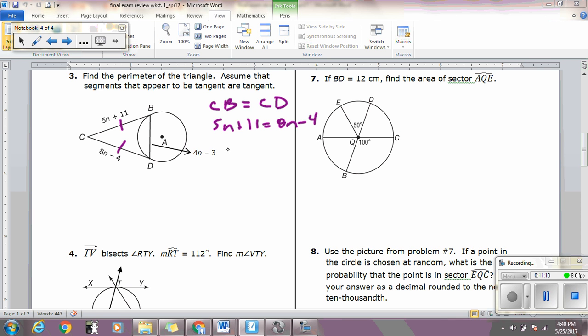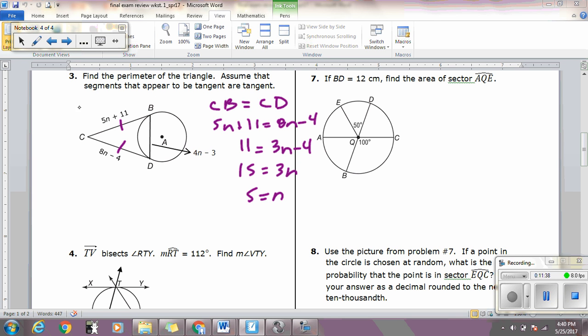Now I can solve for n using my algebra skills. The first thing I would do is subtract 5n from both sides, leaving me with 11 equals 3n minus 4. The next thing I would do is add 4 to each side, which would give me 15 is equal to 3n. Then divide both sides by 3, which gives you 5 is equal to n.